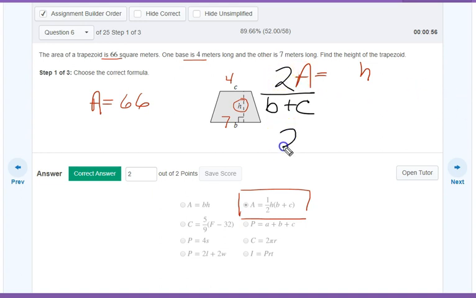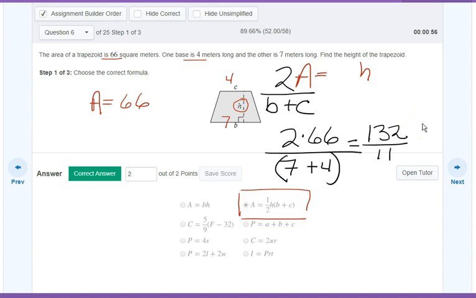So it's 2 times 66 over 7 plus 4. So 2 times 66 is 130-something. Let me check that here. 132, yes. Divided by 7 plus 4, which is 11.